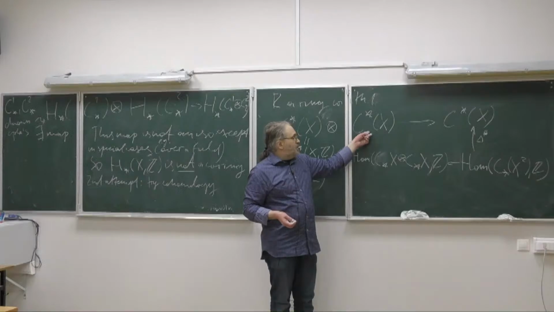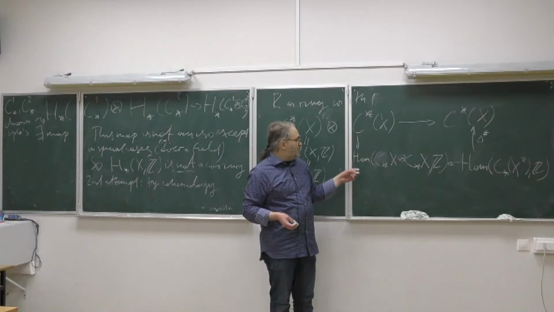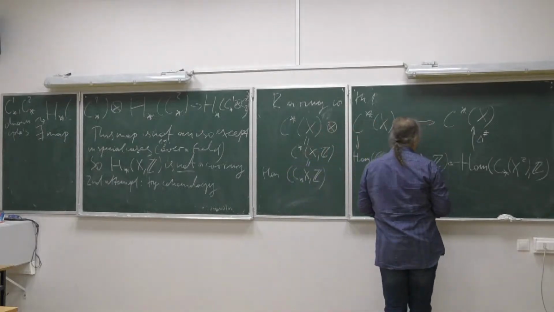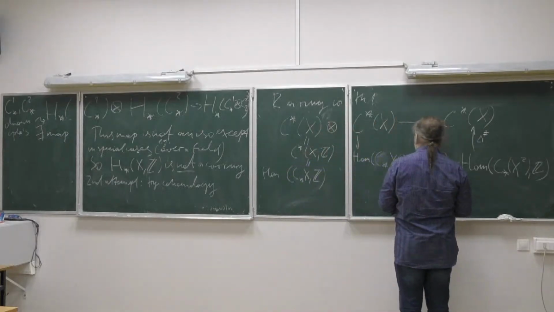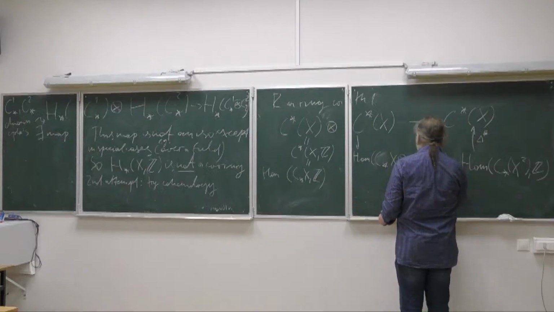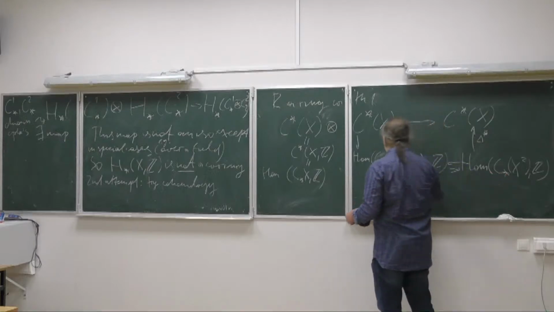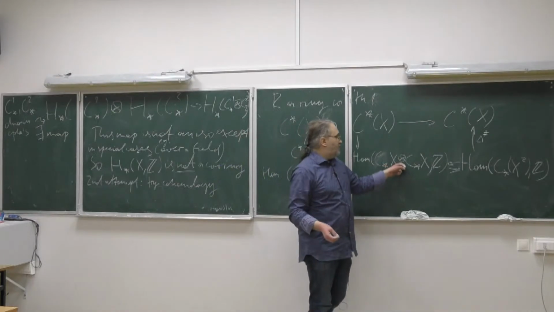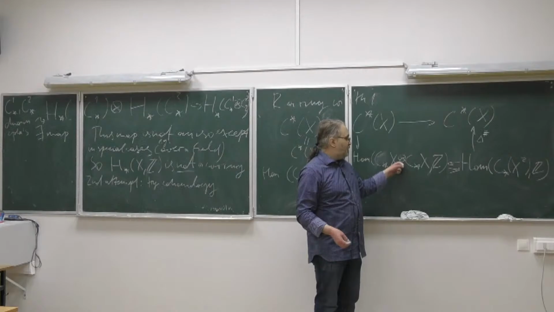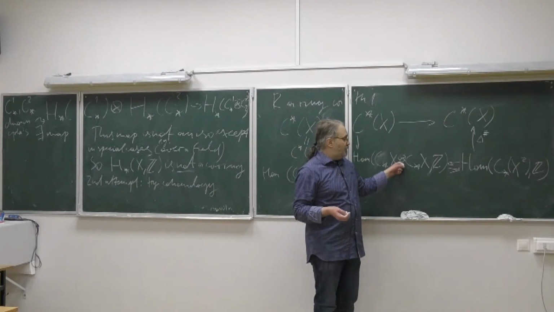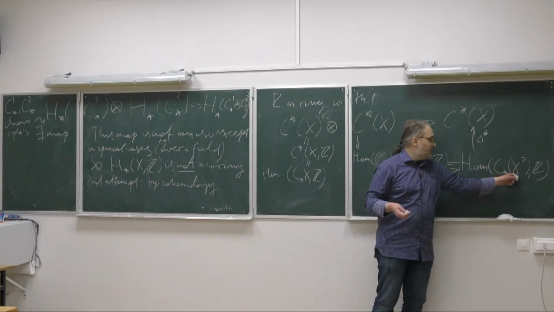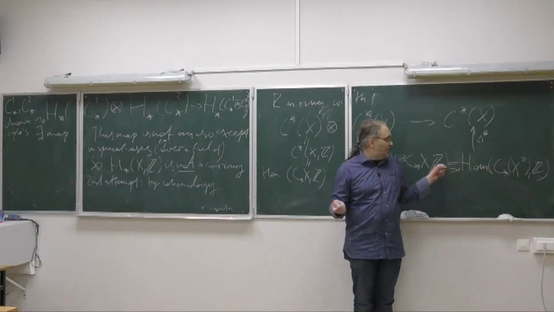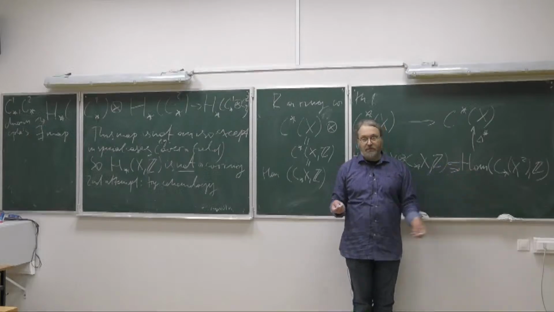Okay, so this map is there. Here we have maps in both directions, because we know how to go from this group to this group and vice versa, and then we take Hom to Z, and we get maps in both directions.